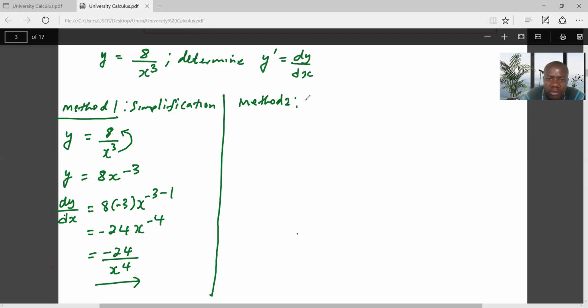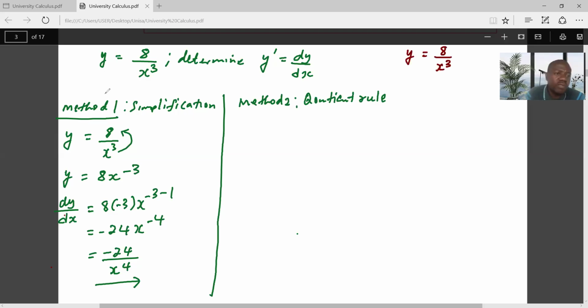I want us to use the quotient rule, because we're dealing with a fraction. Quotient rule. So in terms of the quotient rule, there's no need to simplify the expression. What is our expression? Our expression is y equals 8 over x cubed.